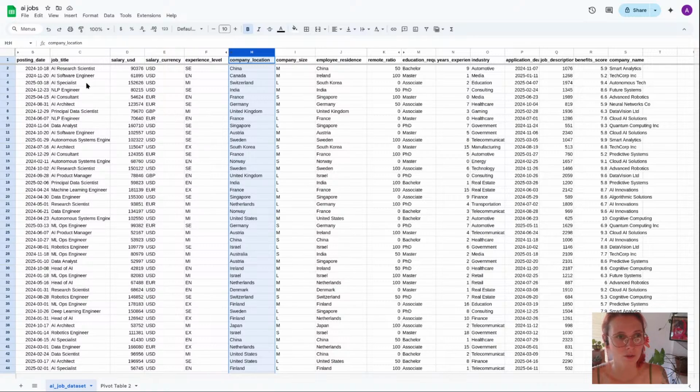So I have the posting date, the salary, the company location and where the employee will live, and remote, if it can be remote 100% or 50%, what kind of education is required, what kind of industry, and the benefits score and the company name.